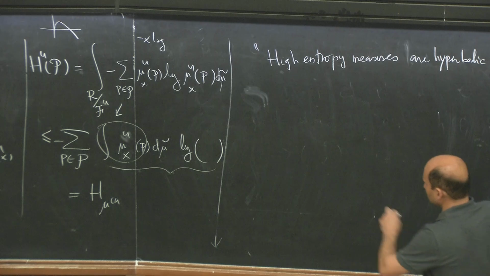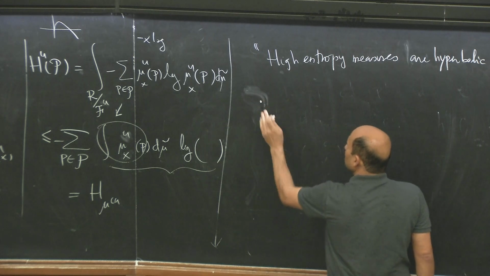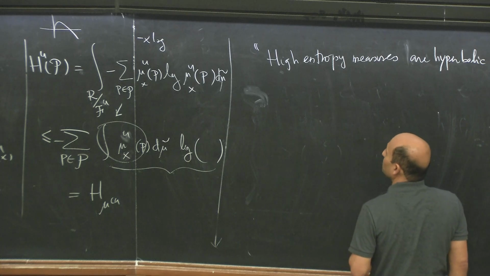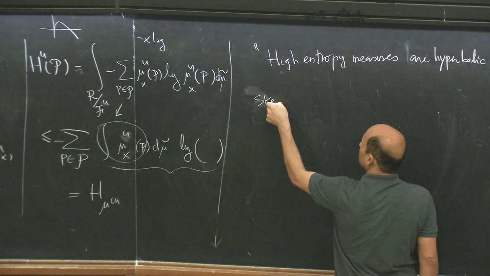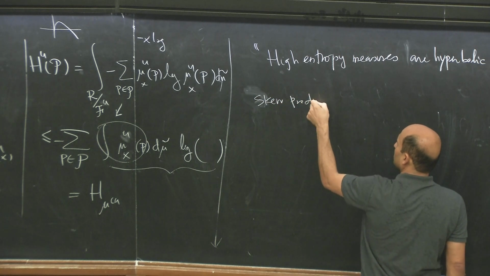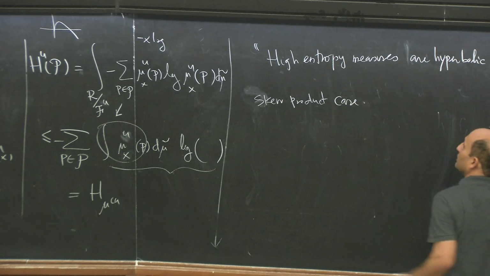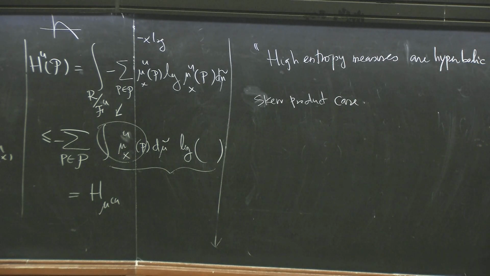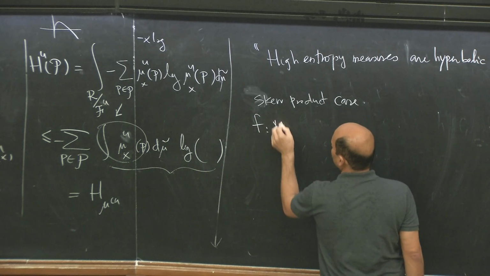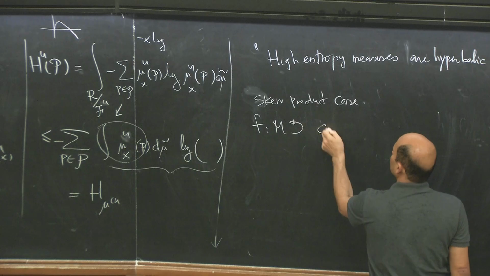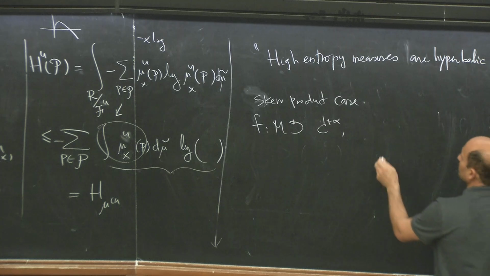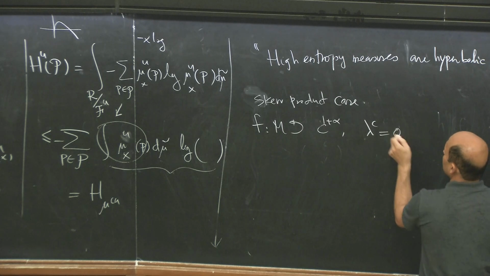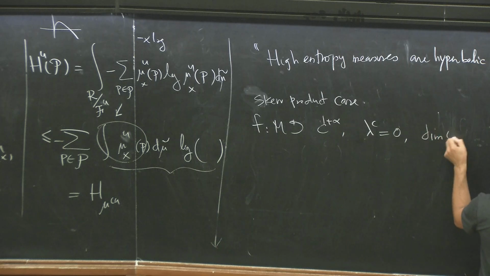So let me directly prove something, considering the skew product case. In the skew product case, f from M to M is C^{1+alpha}, and you suppose that the center Lyapunov exponent is 0, and the dimension of the center is equal to 1, okay?